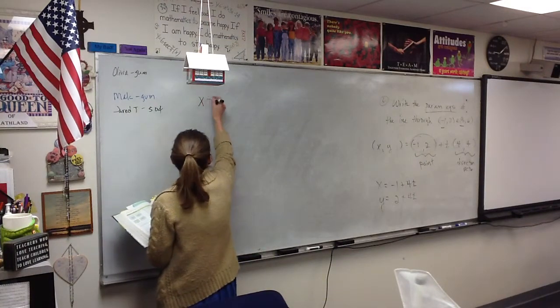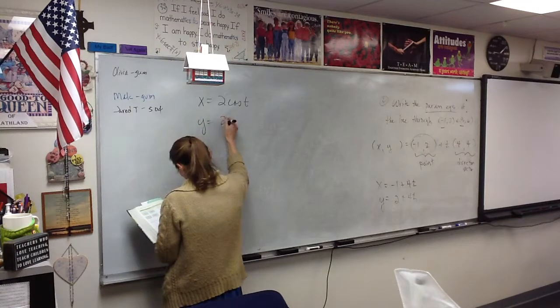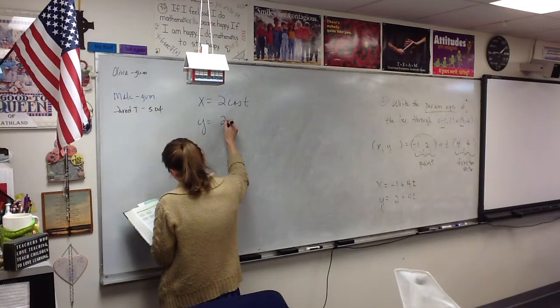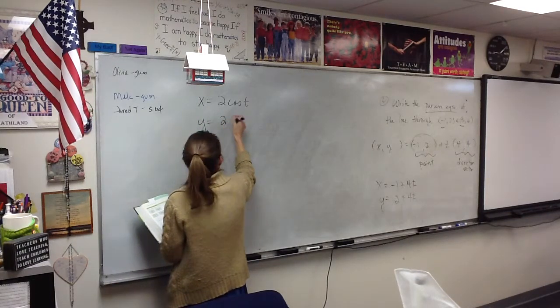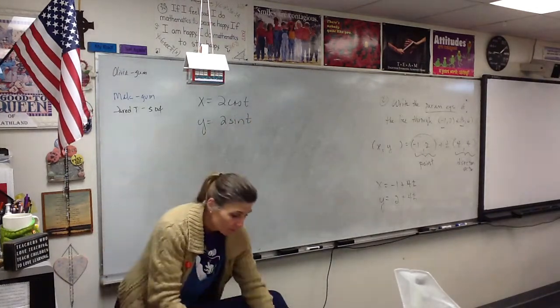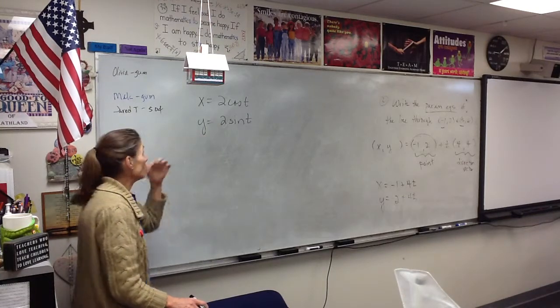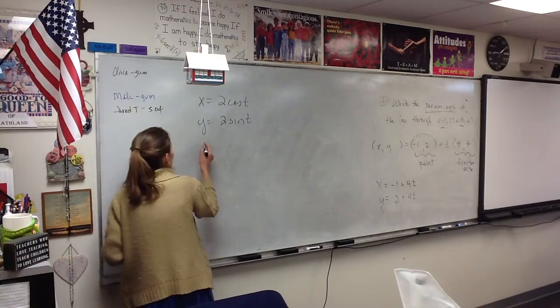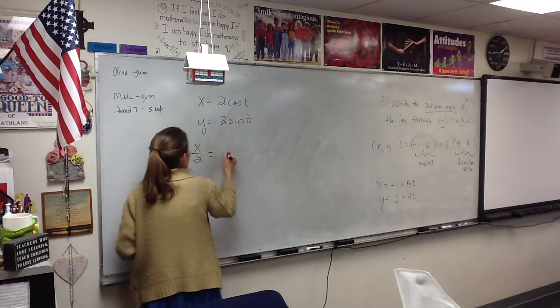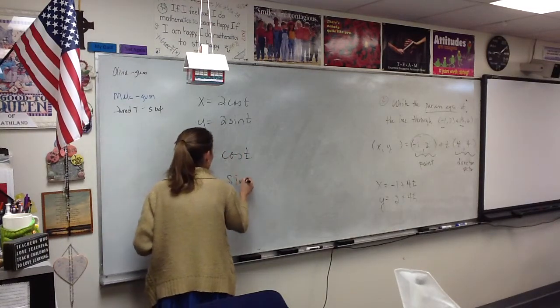Parametric equations, x equals 2 cosine t, y equals 2 sine t. Hey, we just did this, and one like it, right? Now, they tell me in the problem what this is, but we already know what this is, because we've done a couple, one just a minute ago.